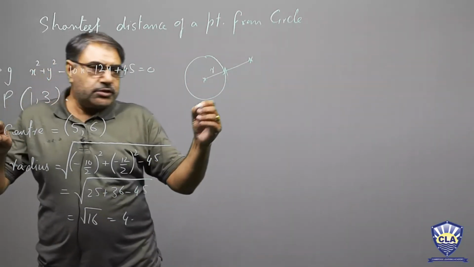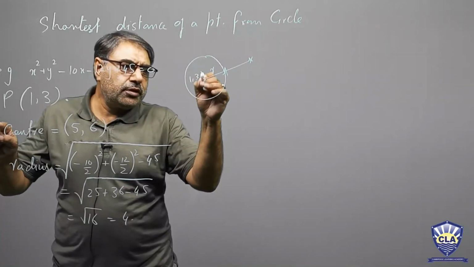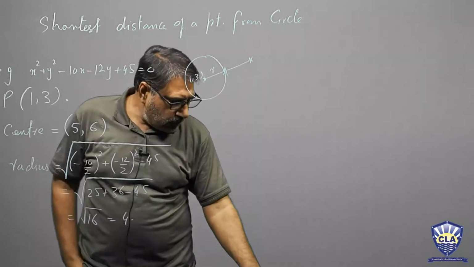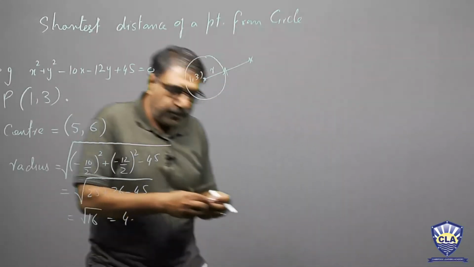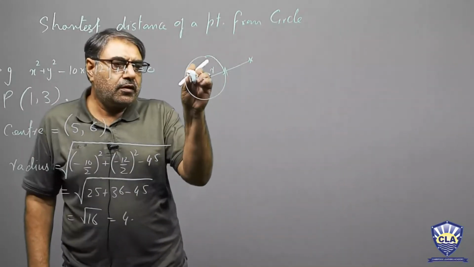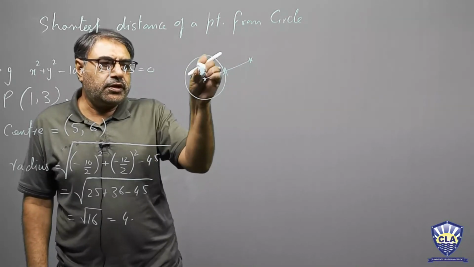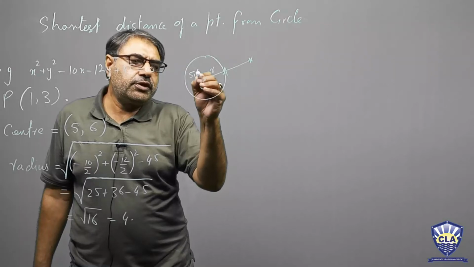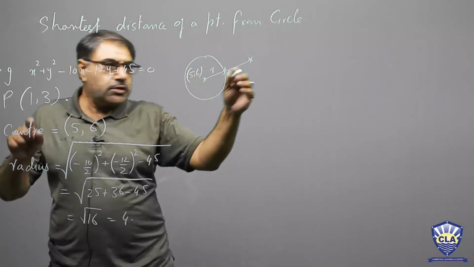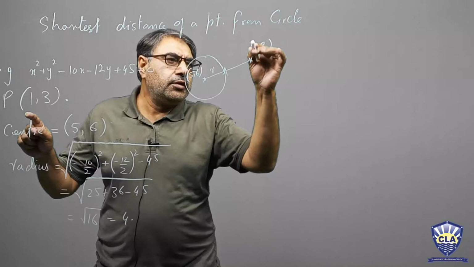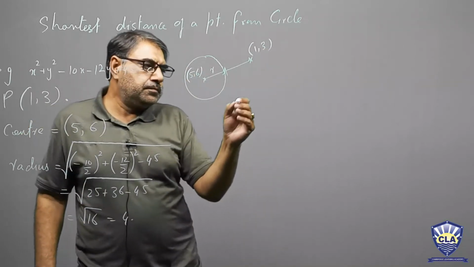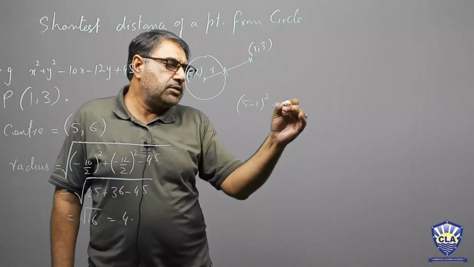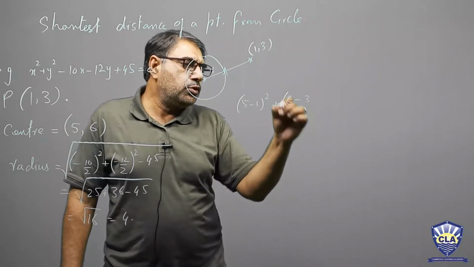Now calculate the distance. Center of the circle is 5, 6, and the point is 1, 3. Use the distance formula: under root of (5 minus 1) whole square plus (6 minus 3) whole square.